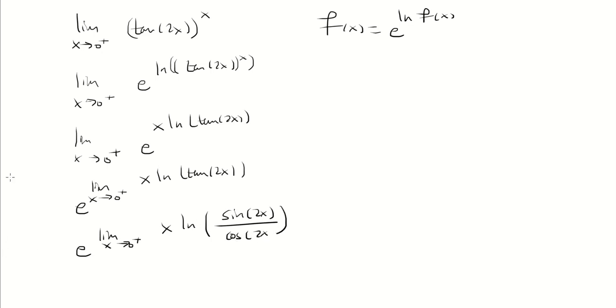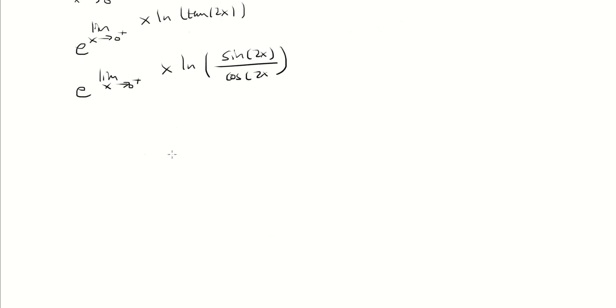And sine of 2x, I'm going to multiply by 2x and divide by 2x. I'm allowed to do that because they cancel and we get the same thing.